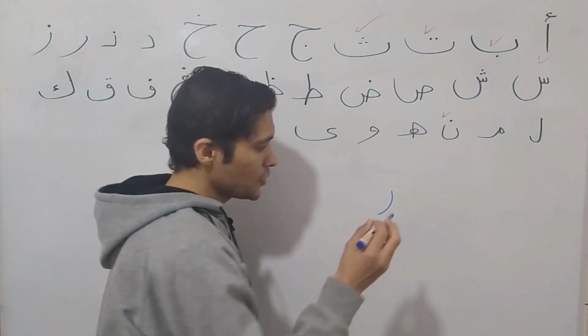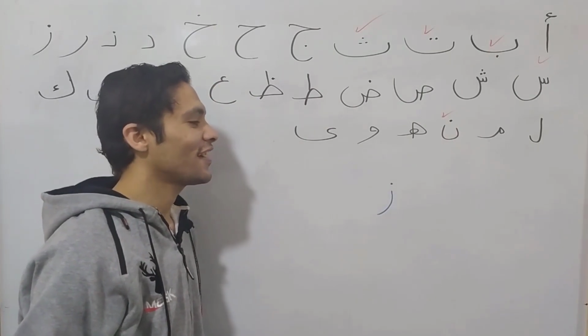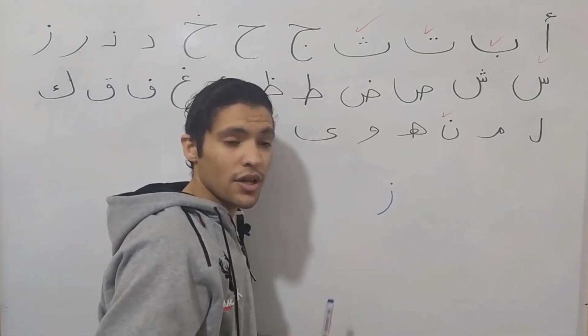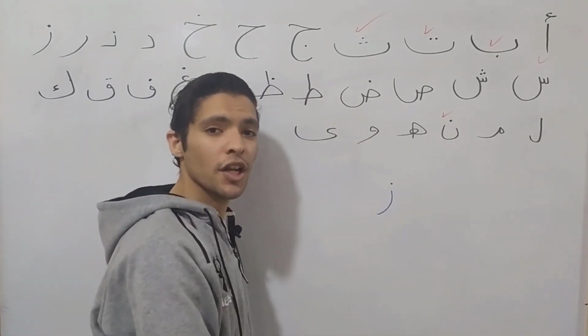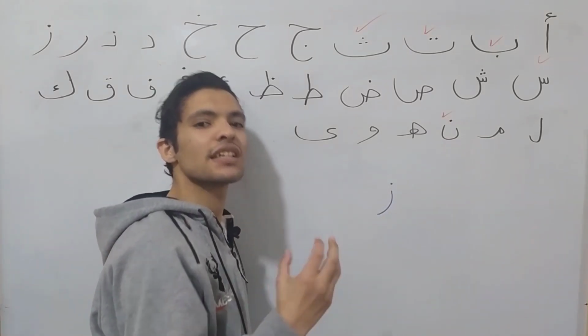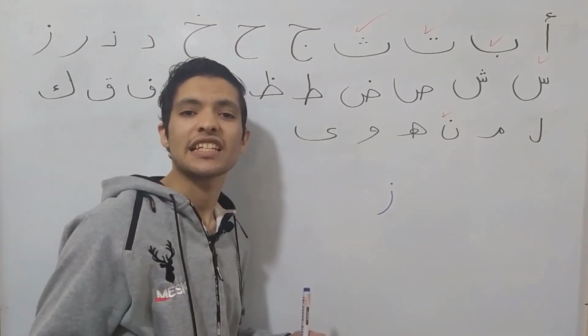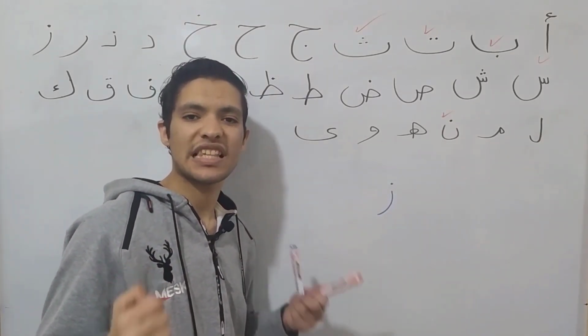Guess what? If you put a dot right there, it's another letter now. It's not ra anymore. It's z, which in Arabic we say zain, harfu zain.